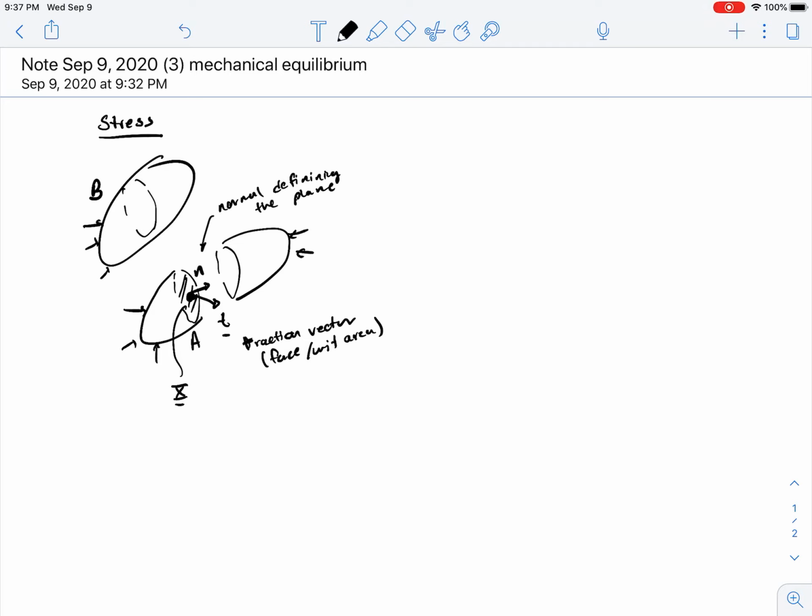And the main concept of the stress tensor is that the traction vector depends linearly on this normal at a given point x.